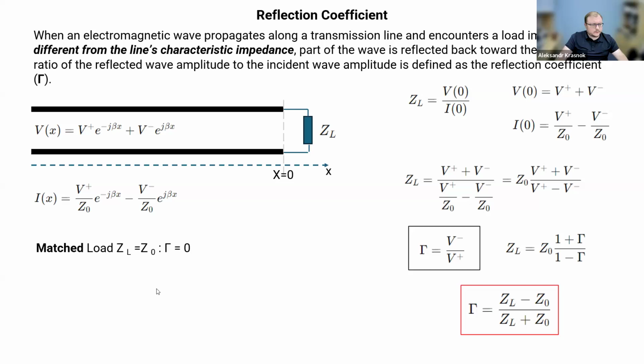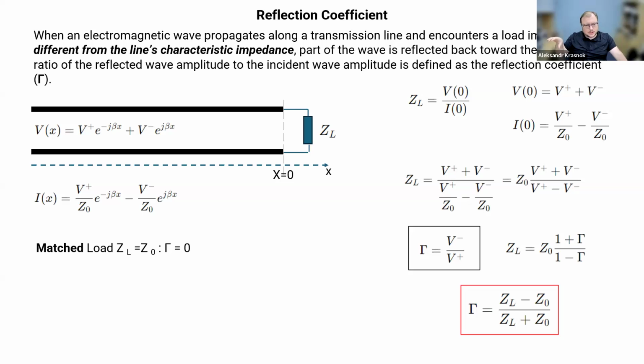One special case is the case of a matched load. From this formula, it's easy to see that in order to get rid of reflection, we just need to make impedance matching.